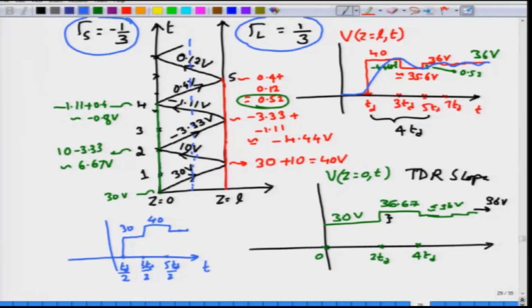Again at 7 Td by 2 it would go down slightly and so on. Eventually it will again start to rise up and then rise further and converge onto 36 volt.